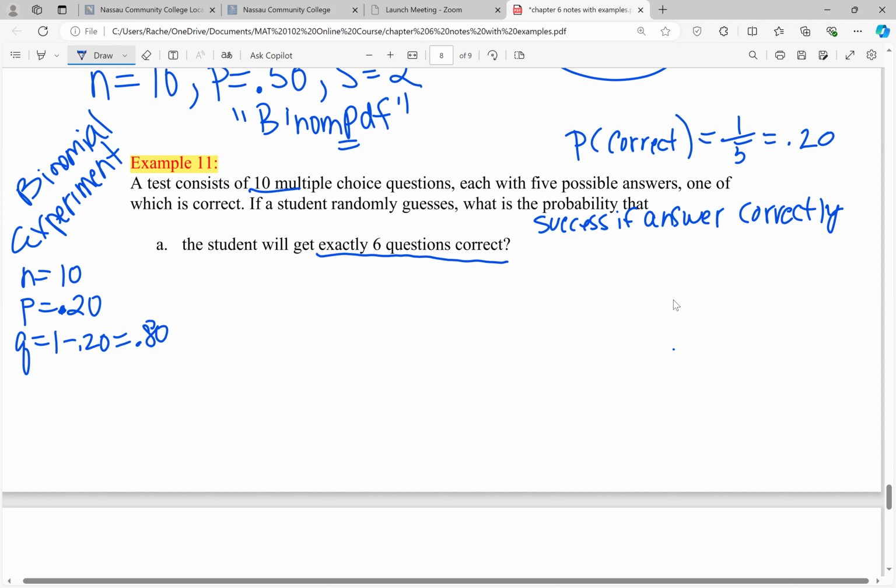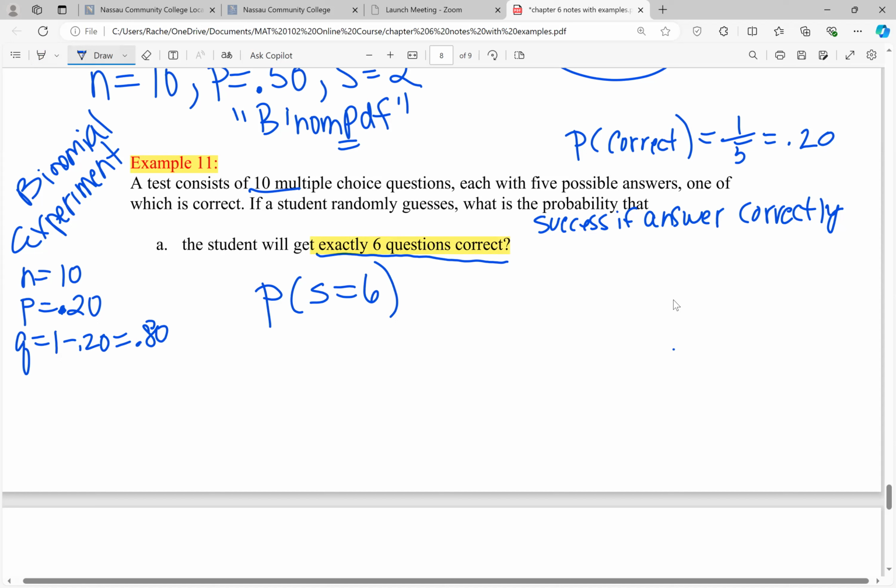And we are trying to calculate in part A the probability that the number of successes is equal to 6, right? Because a success is if we answer correctly, and we want to know what's the probability of getting exactly 6 questions correct. So we're going to use the binomial formula in the calculator.